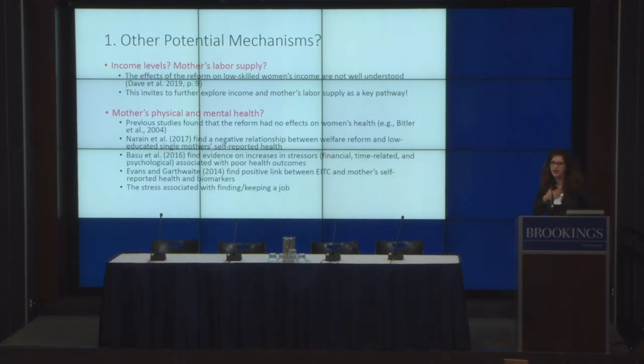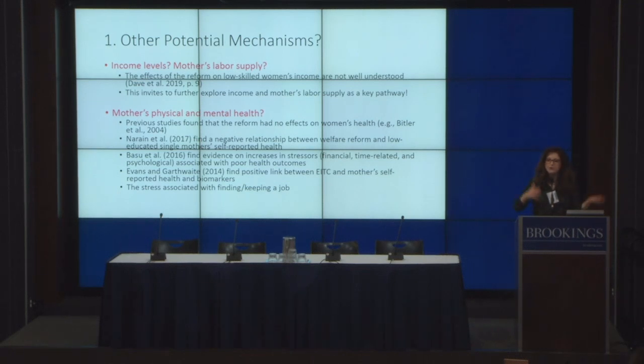So while reading the paper, some ideas came to my mind about other potential mechanisms. On the one hand, I think income itself plays a major role. In the introduction, the paper discusses that actually the effects on income are not well understood, because there are two competing forces.